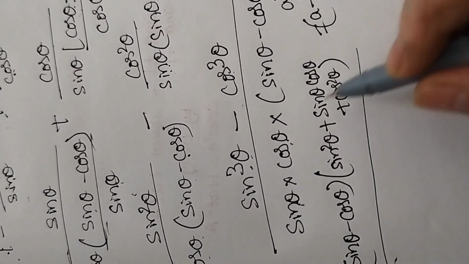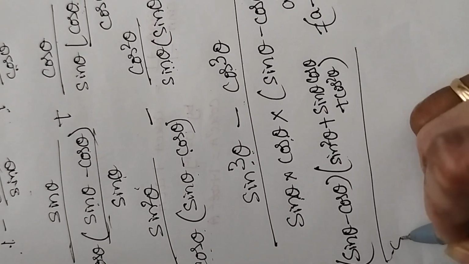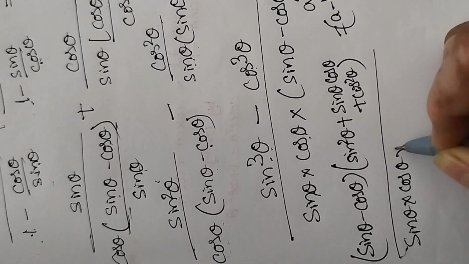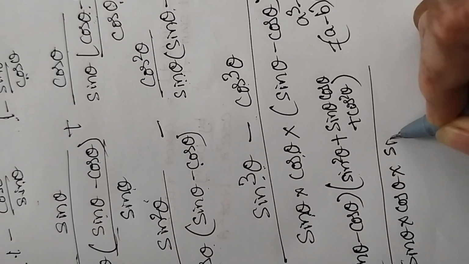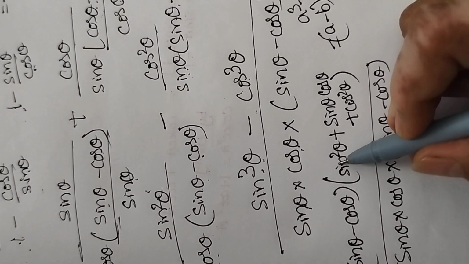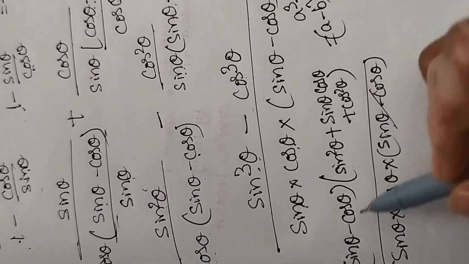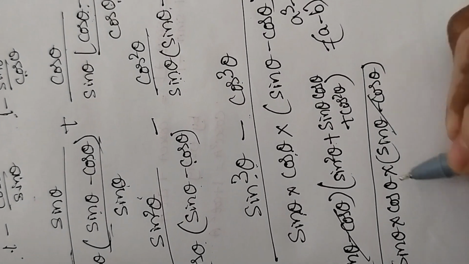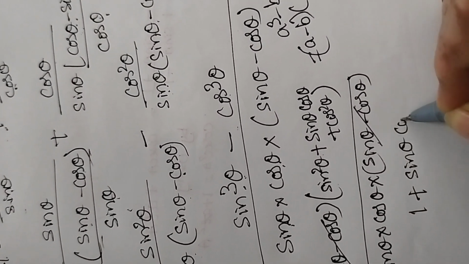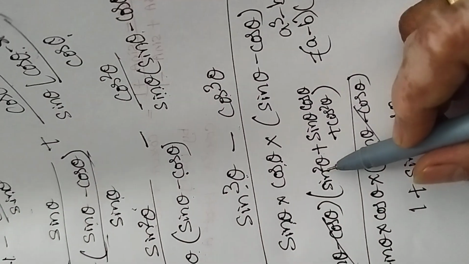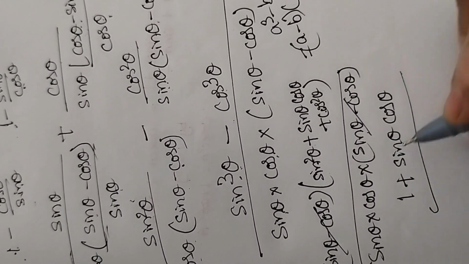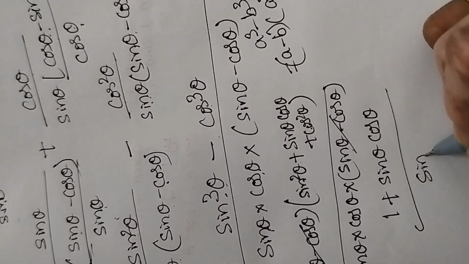Okay. So as a denominator you should write as it is. Sin theta into cos theta into sin theta minus cos theta. So just observe 1 plus, so this term will get cancelled. 1 plus sin theta cos theta. Why we got 1 means, since by identity sin square theta plus cos square theta equal to 1, by sin theta into cos theta.